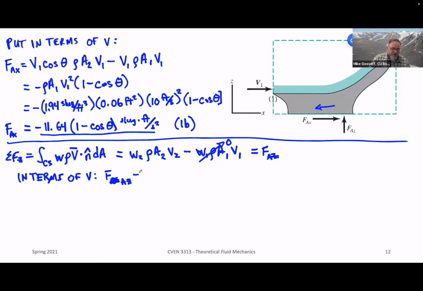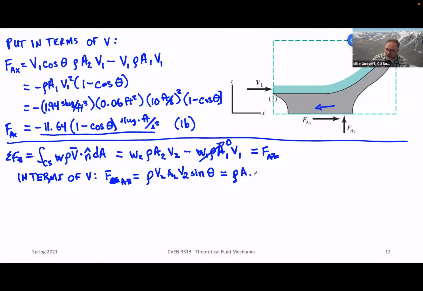is equal to rho times V2 times A2 times V2 times the sine of theta, which can be rewritten, remember, because V1 is equal to V2, and A1 is equal to A2.